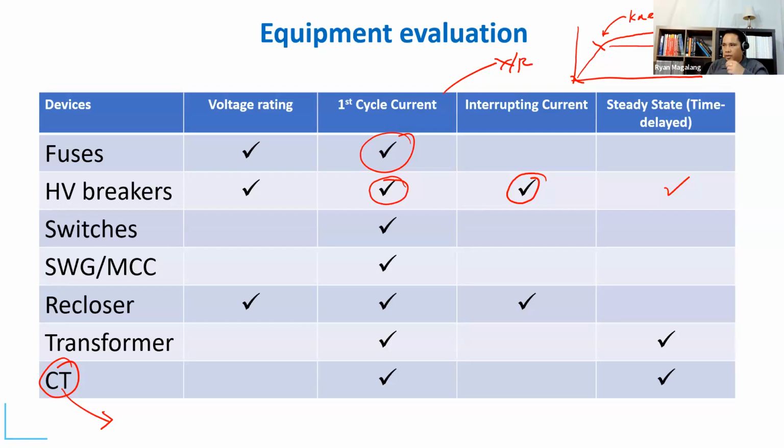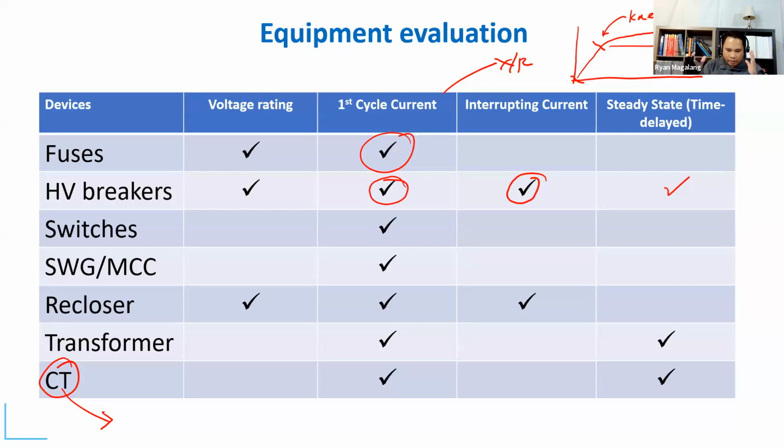It's the one that gives information to your relay. So when your CT is saturated, it does not give the correct information anymore, meaning your relay will not function properly. It may not be able to detect the fault correctly and would not be able to make a correct tripping decision. And as I mentioned, digital relays nowadays are able to make a tripping decision within one cycle.